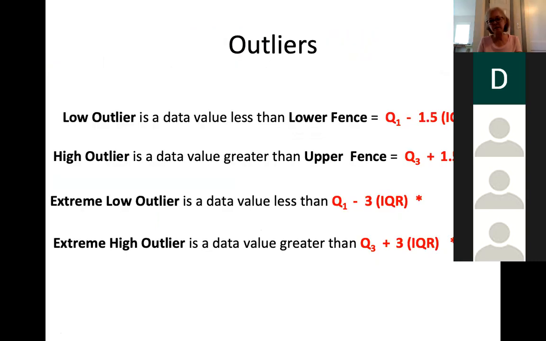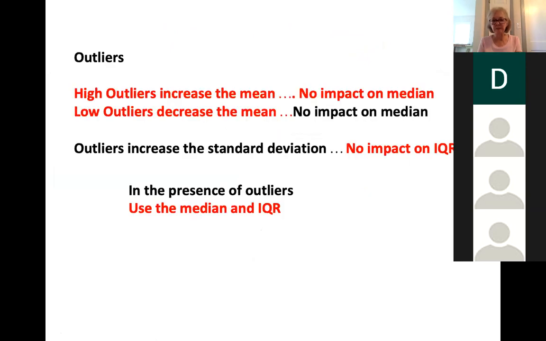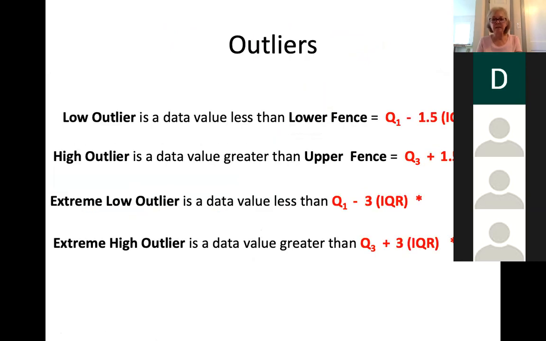Okay, here's a reminder of outliers. Oops, let's go back. These are regular outliers. 1.5 IQRs from the boundary. Sometimes you have outliers that are really, really extreme.